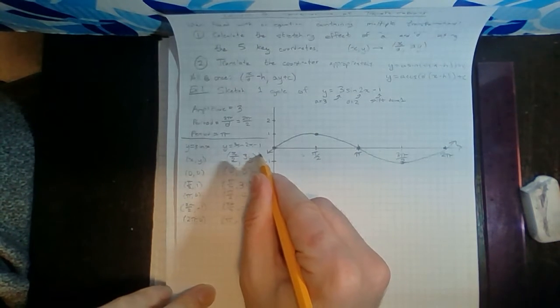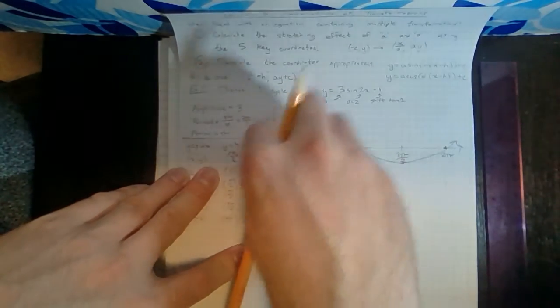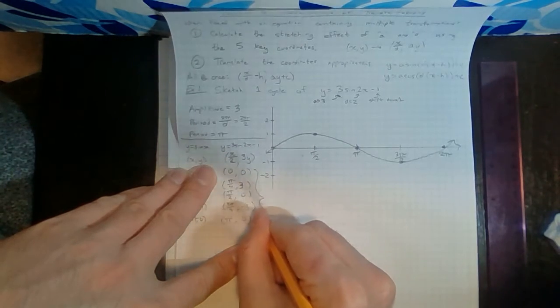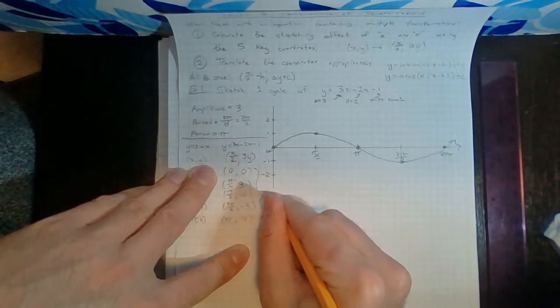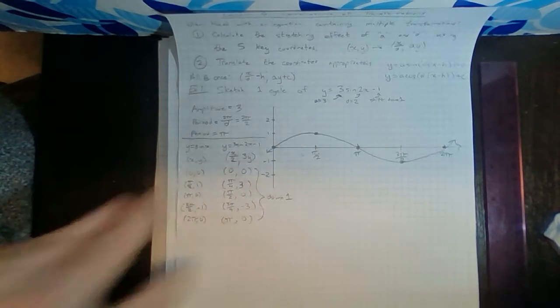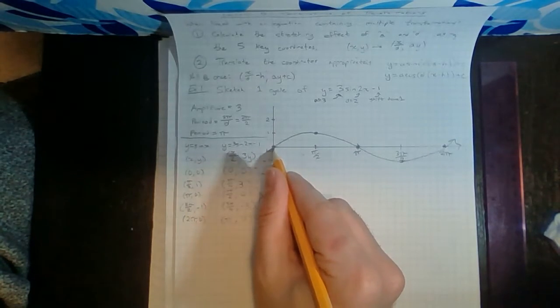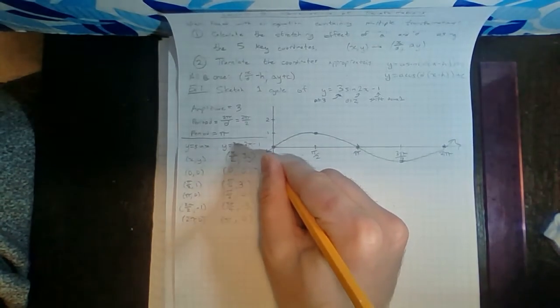So that's just taking into account our stretches, our expansions, and our compressions. And now we're moving all of these values. All these 5 key points, we have to remember that these are all going to get shifted down 1. So our point 0, 0, we have to remember to shift that down 1.